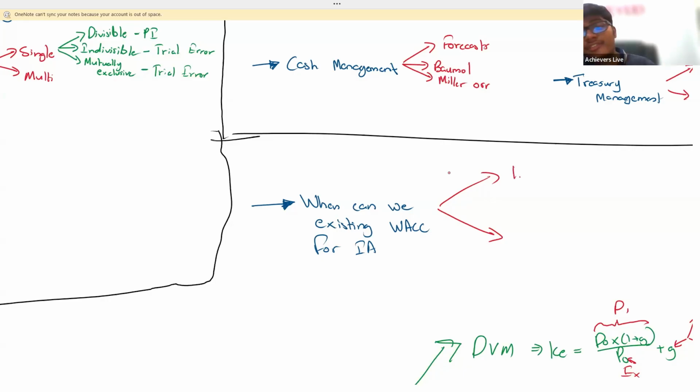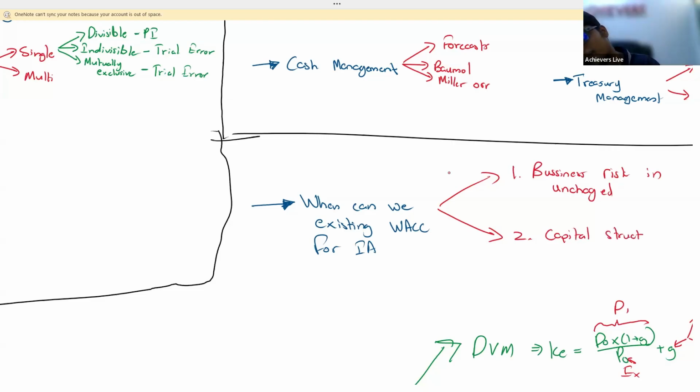First situation, if the business risk is not changing, then you can use the same WACC. Second situation, if the capital structure is not changing, then you can use the same. Then I can ask this question the other way around: in which two situations should you recalculate the WACC?